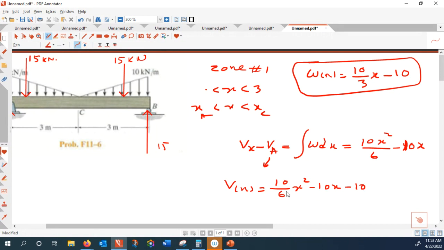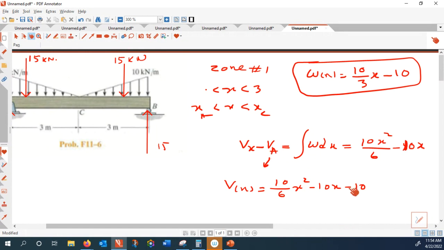So you can check this one by putting x equal to 0, that's minus 10. Yeah, v of a is positive.